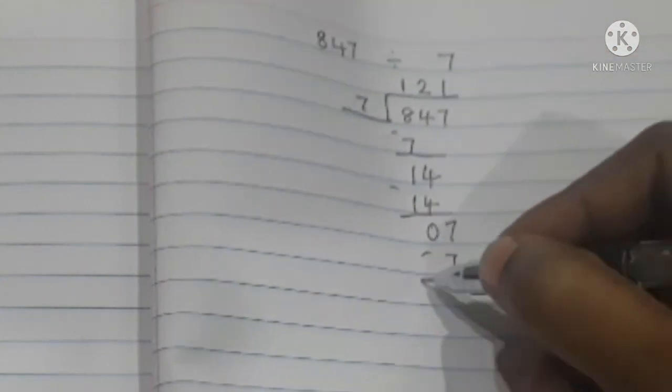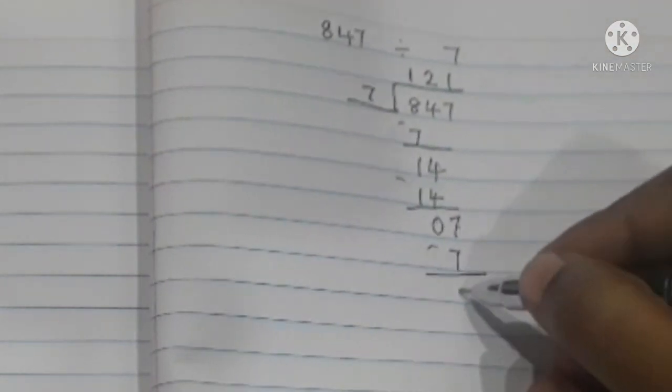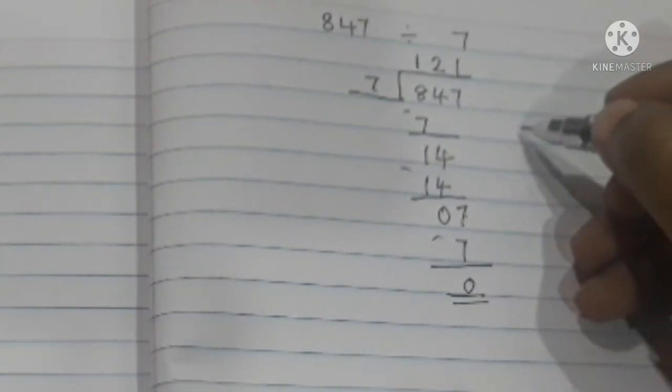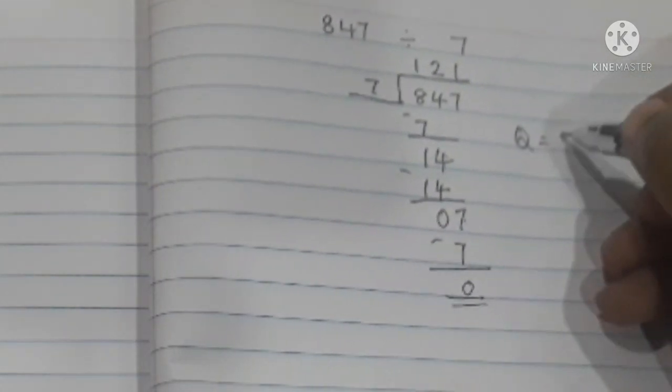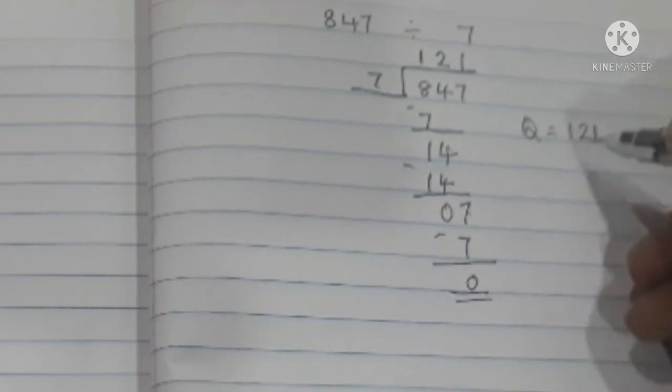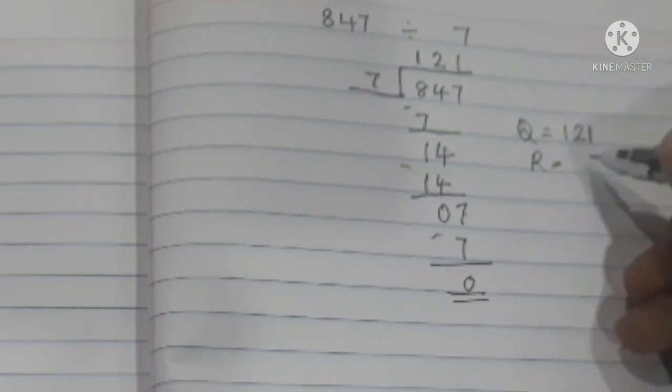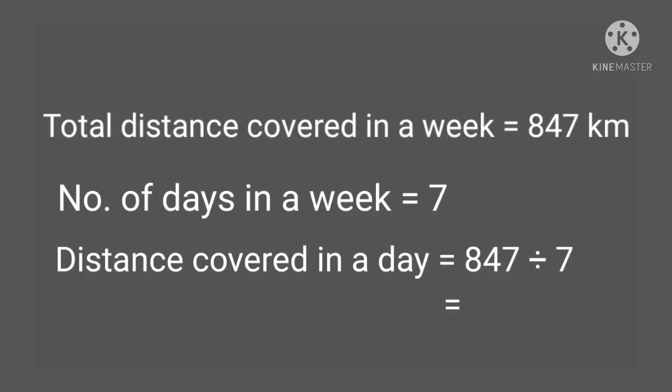And when we subtract, we will get 0 as the remainder. So what is the quotient, children? 121. Okay, and remainder equal to 0. So yes, children, we got the answer, and that is the distance covered in a day, that is equal to 121 kilometer. Is it clear, children?